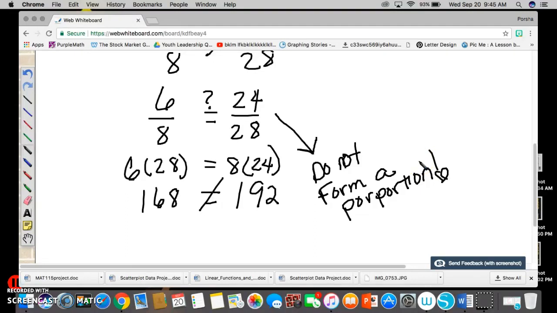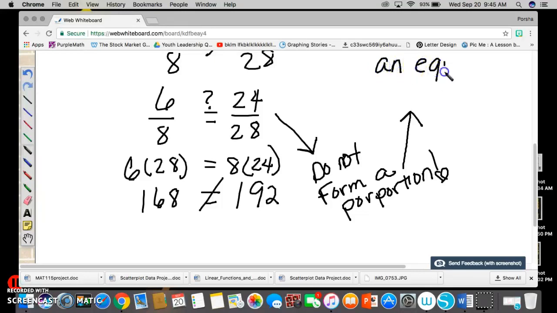That's using cross products. I know some of you are wondering, well, what is a proportion? So just to give you a quick background, which I should have probably given you in the beginning, an equation stating that two ratios are equal is called a proportion. So I write the definition here for you.